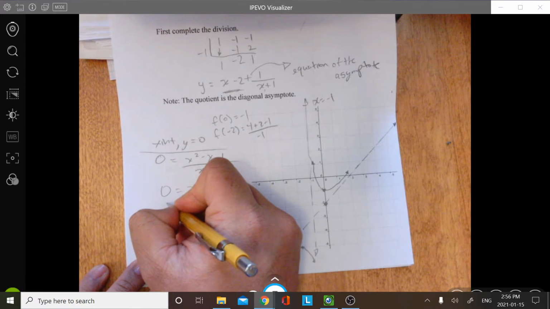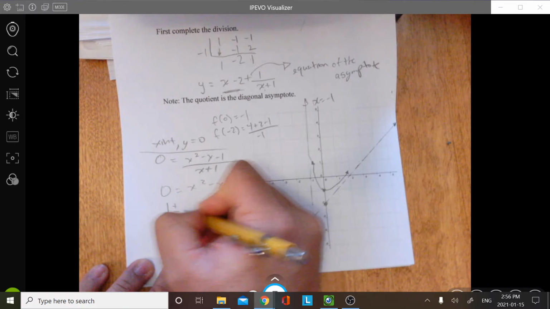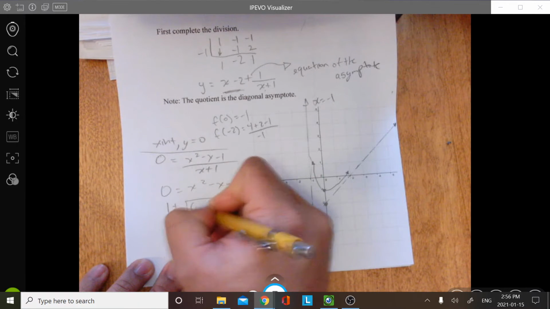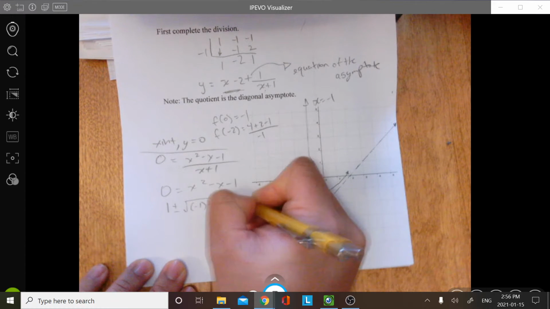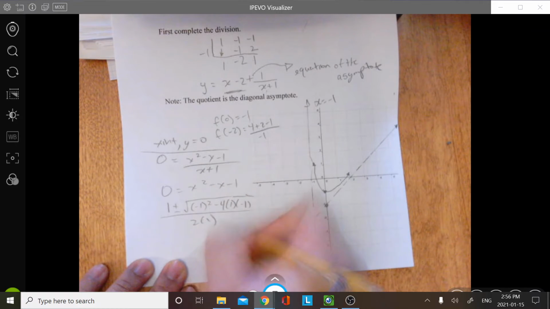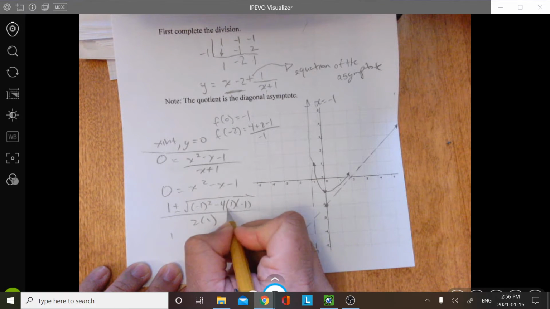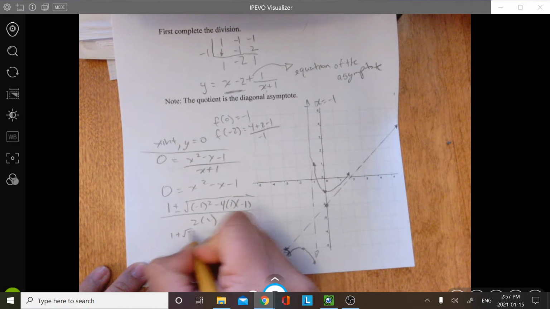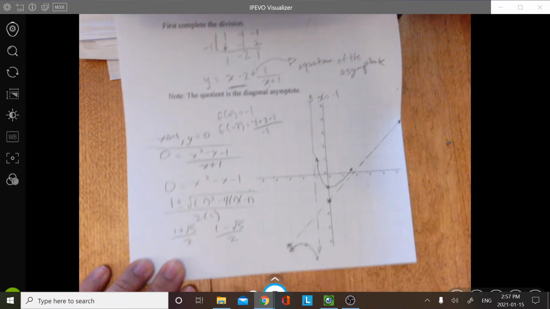It's not factorable, so we've got to use the quadratic formula. You get negative negative 1, squared minus 4 times 1 times negative 1, all over 2 times 1. So you get 1 squared plus 4, so 1 plus root 5 over 2, and 1 minus root 5 over 2.